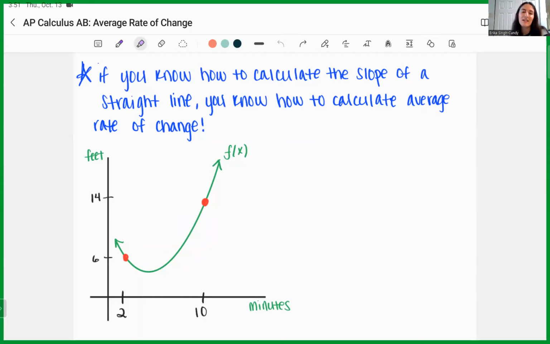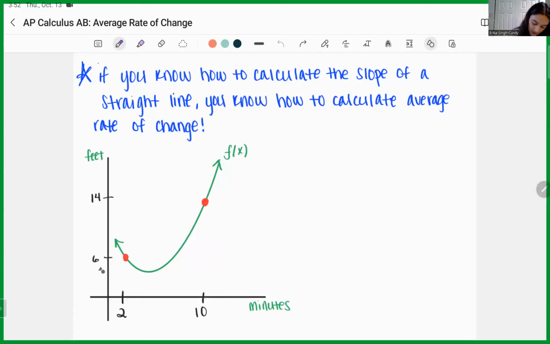However, what if I wanted to know, between 2 minutes and 10 minutes, how fast am I going on average? Like if I were to average out all of my speeds, what would be the average velocity that I'm traveling? That's the exact idea that average rate of change gets at: on an interval, on average, how fast do you think you were going? To calculate that, we would draw a straight line between these two red points.